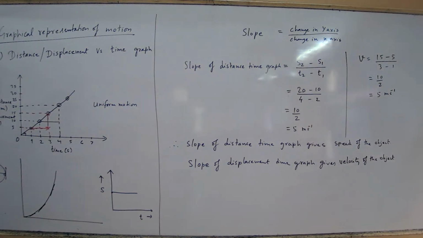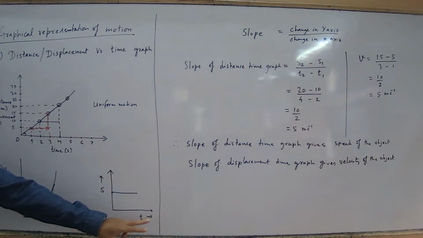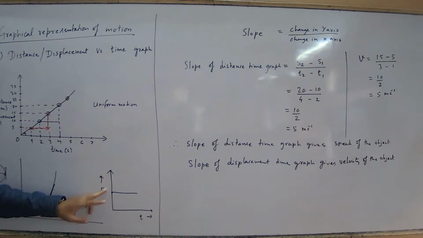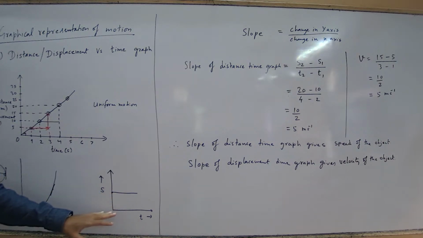Slope zero means speed zero or velocity zero, which means what? Time is increasing, but is there any variation in displacement? No. So this graph tells you about the nature of motion. Is the body moving or at rest? Body is at rest.